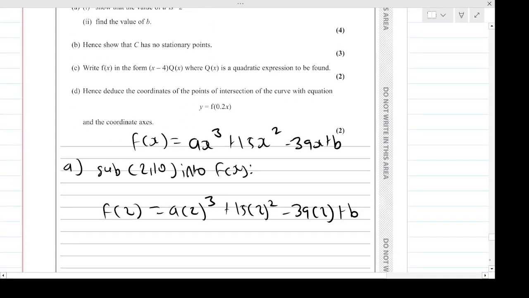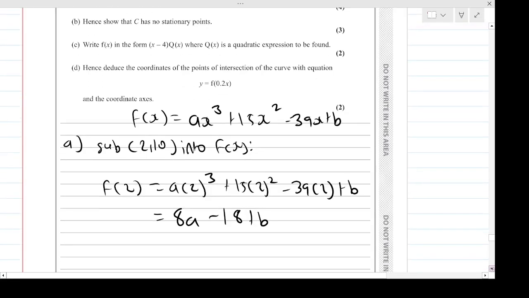If I simplify it, 2 cubed is 8, so 8a, then 15 lots of 2 squared is 60, minus 39 lots of 2 is minus 78, and then plus b on the end.